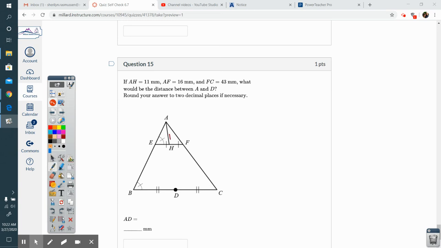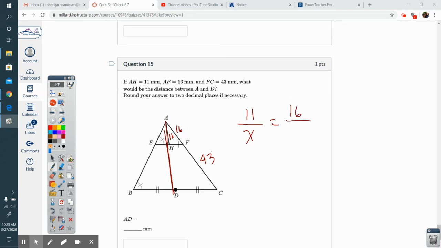AH is 11, AF is 16, FC from here to here is 43. What would be the distance between A and D, the total here? So I go small to big, call that one X, because that's what we want to find out, is equal to the small that corresponds to the big.